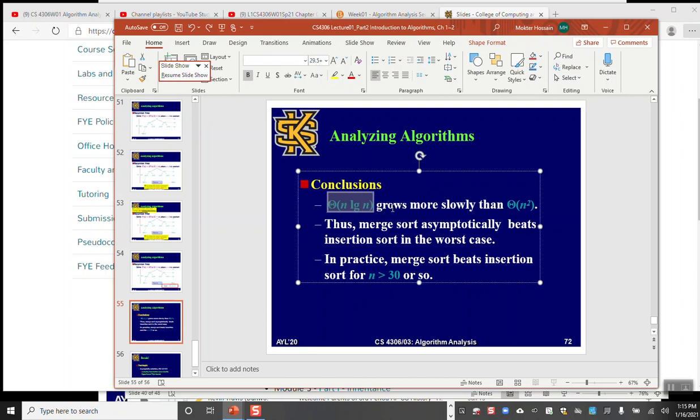For a large n, which one is better? For a small n, insertion sort may be better, but for a large n, merge sort is always more efficient. So the merge sort algorithm beats the insertion sort algorithm for a large n, people say sometimes more than 30 or something.